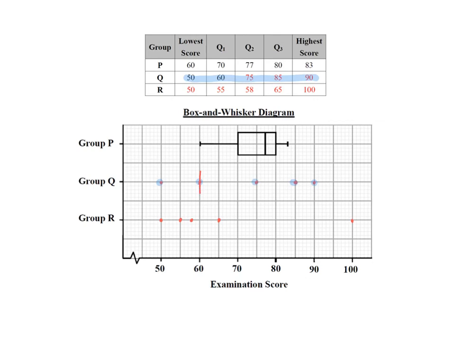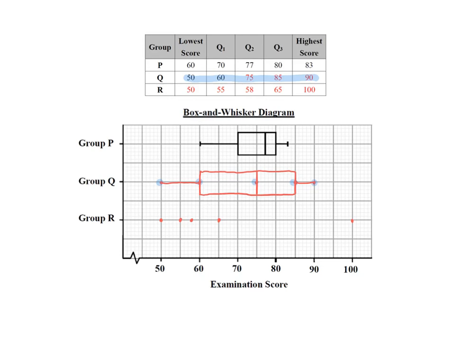So I add a box here. The length of the box is actually our interquartile range. After that, add the two tails at the front as well as at the back.